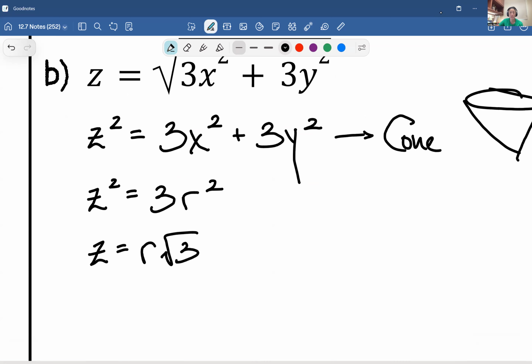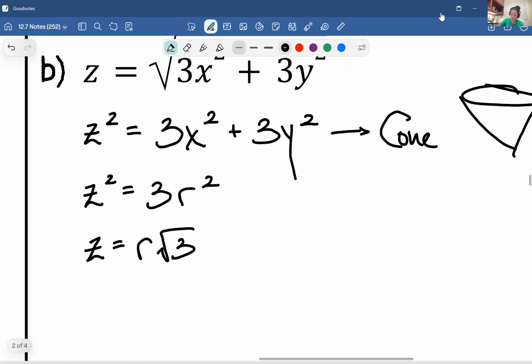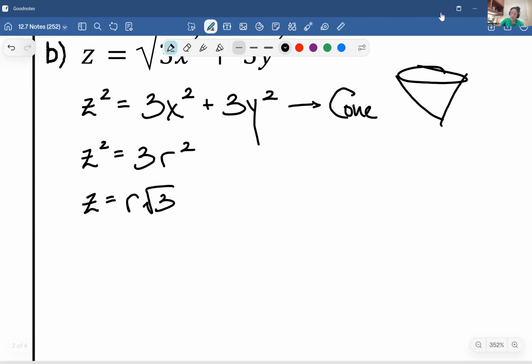We'll take just the positive one here because we're defining r to be positive or negative. Okay, so we'll consider it to be positive. But what I find really helpful here is I can now convert from cylindrical to spherical. So this is sort of our cylindrical one.